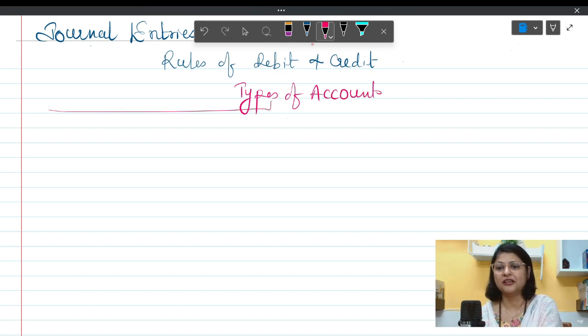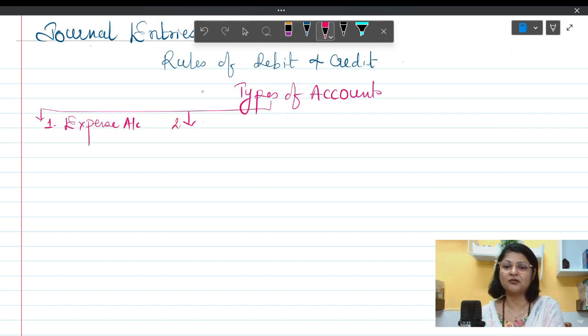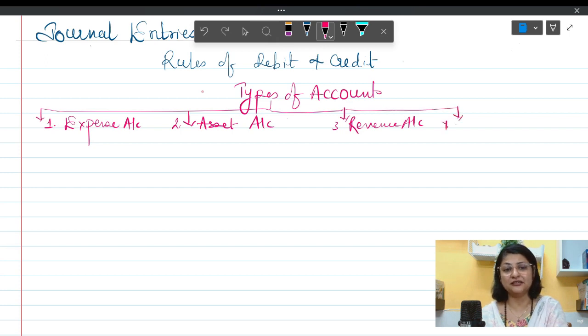Number 1 is expense account. Number 2 is asset account. Number 3 is revenue account. Number 4 is liability, and number 5 is capital.